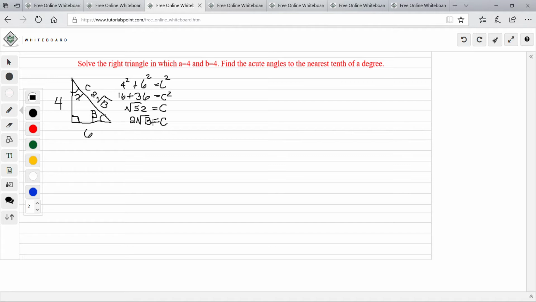So what I would do is cosine of alpha. Cosine of alpha equals x over radius, or SOHCAHTOA. Let me write SOHCAHTOA.